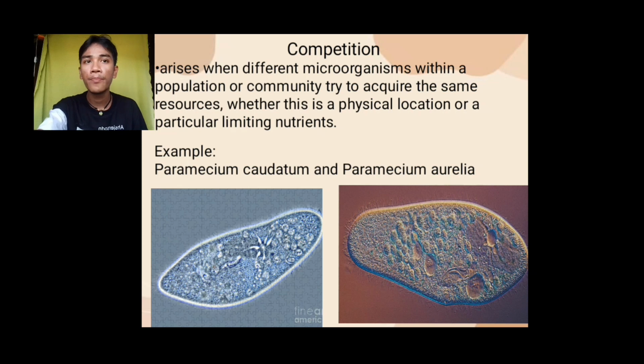Okay, so competition, of course, is a negative interaction. Both populations are adversely affected with respect to survival and growth. And from the word itself, competition, the competition for the same resources.